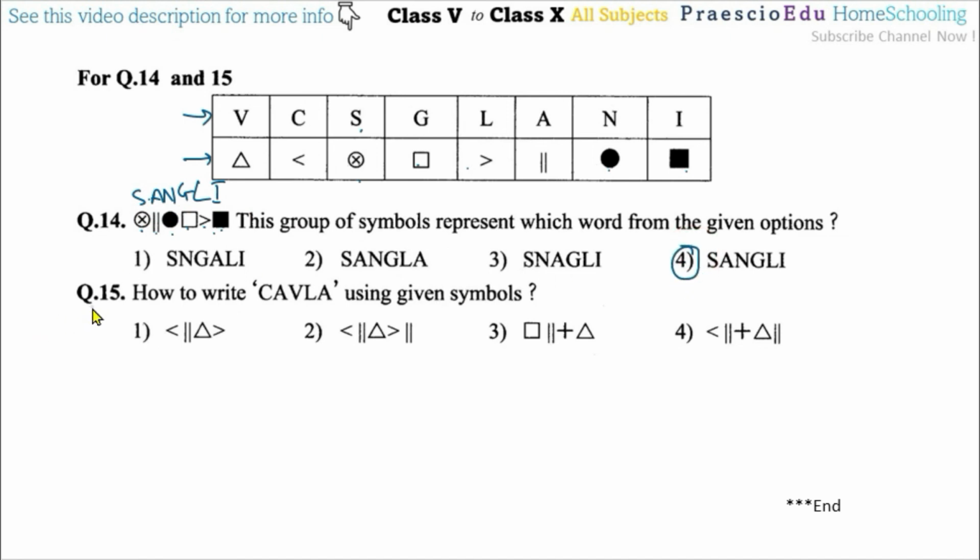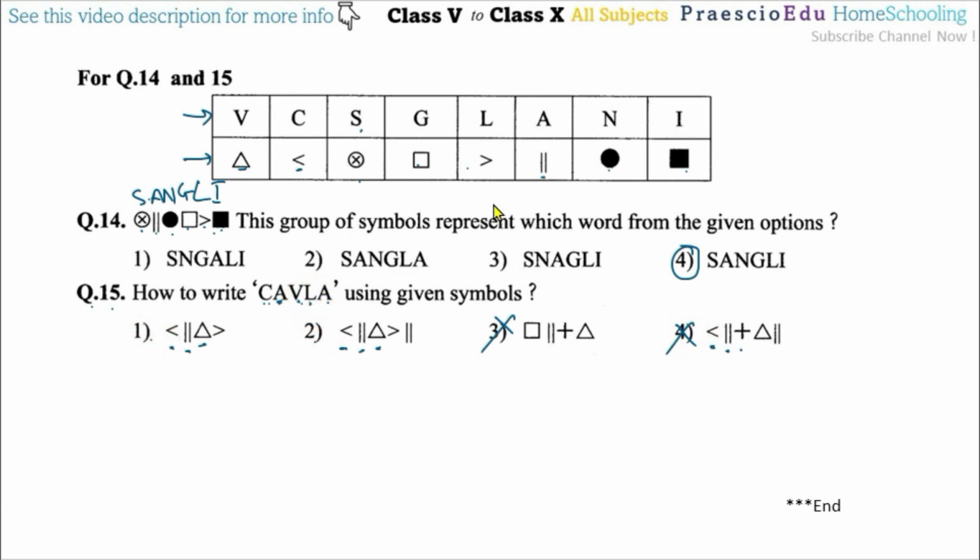Now question number 15: how to write CAVLA using the given symbols? C means this one, which is given first in options 1, 2 and 4, so option number 3 is incorrect. Then A means these two lines, so here also two lines, here also, and here also. Then V is this triangular symbol, here triangular symbol, here also, and here it is different, so option number 4 is incorrect. Only options 1 and 2 we will check further.